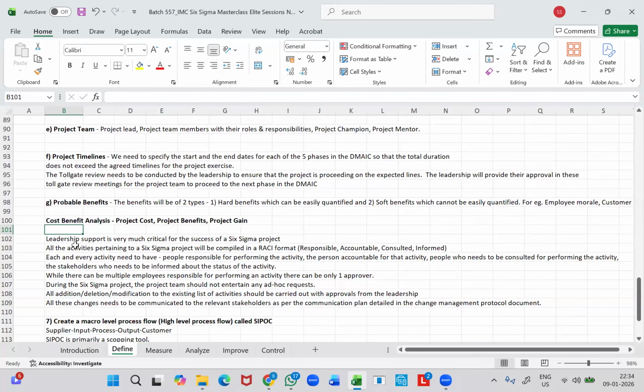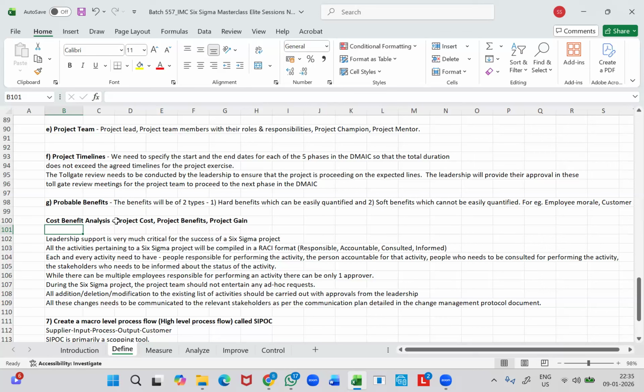And as we understood, the define and measure phase will go hand in hand when we work on a project exercise, followed by analyze, improve, and control phase in that sequence, right? But then, as part of our curriculum, we are learning all these things in a sequence. And then the most important thing, we need to have the toll gate reviews conducted with the leadership team at the end of each and every phase in the DMAIC approach.